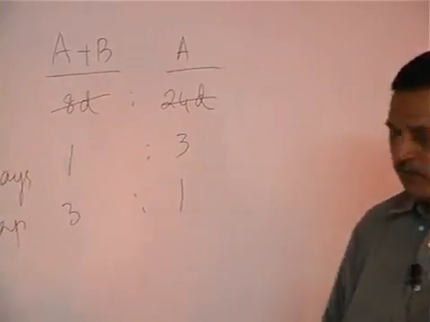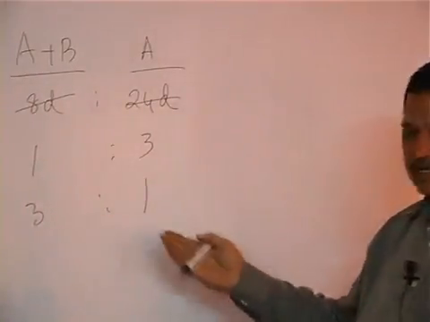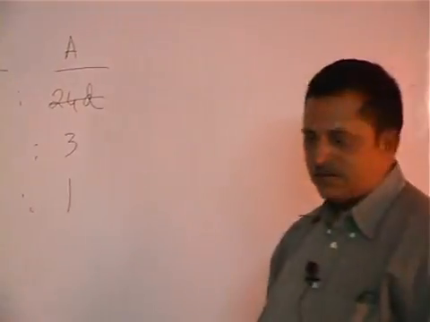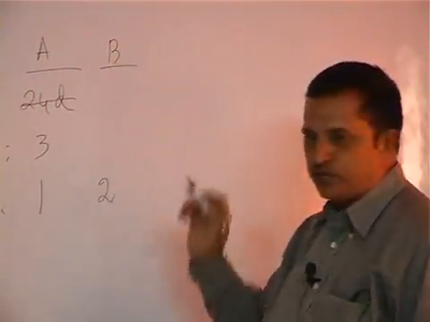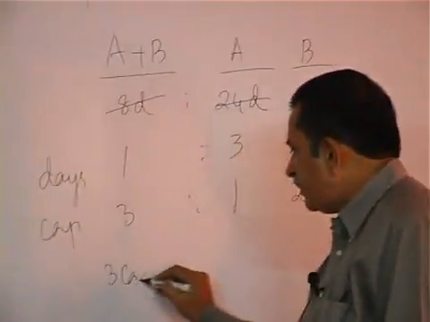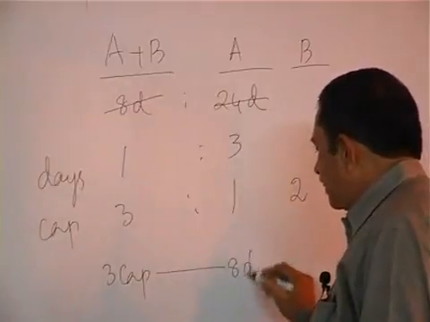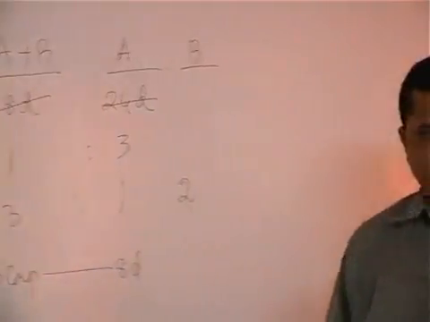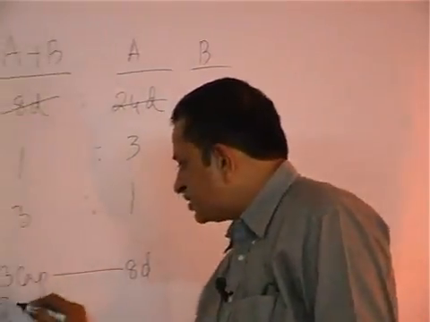A and B are working with 3 capacities. A is working with 1 capacity. Therefore, the capacity of B is 2. Working with 3 capacities, they require 8 days. In how many days can B do it?